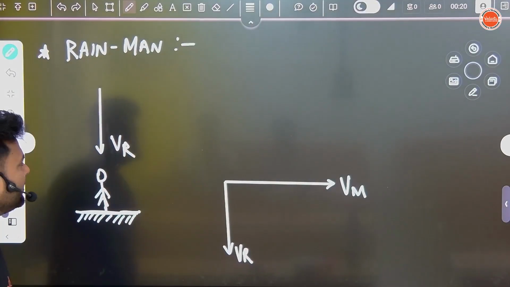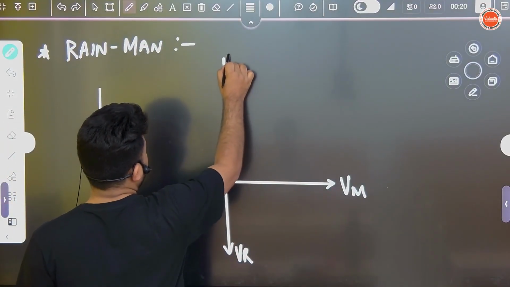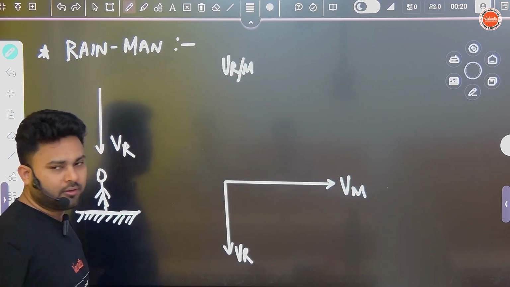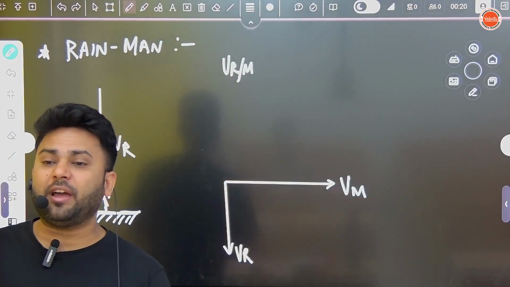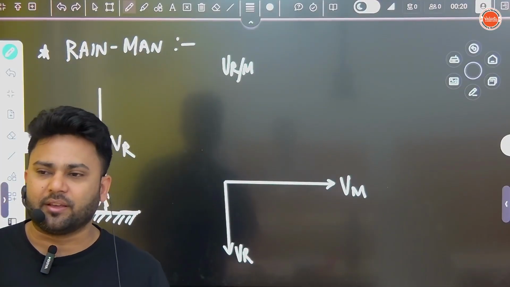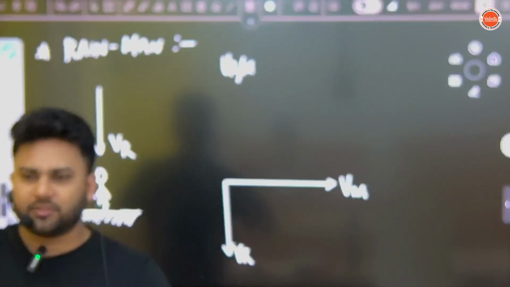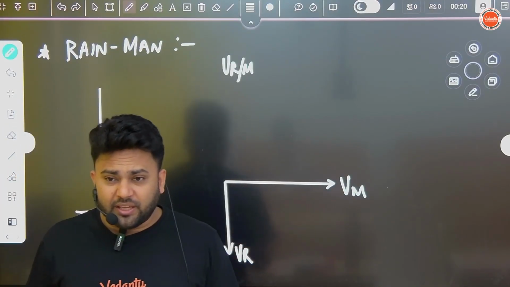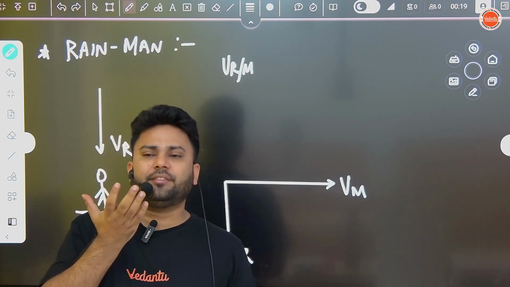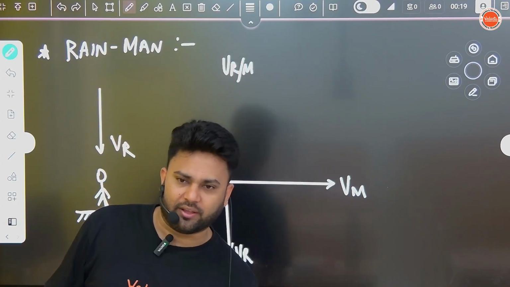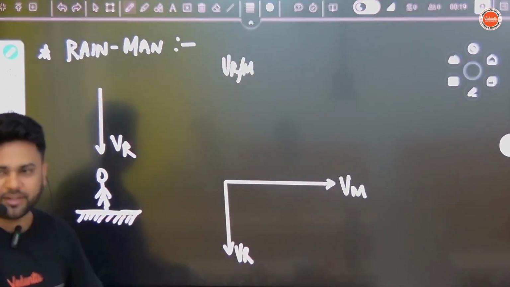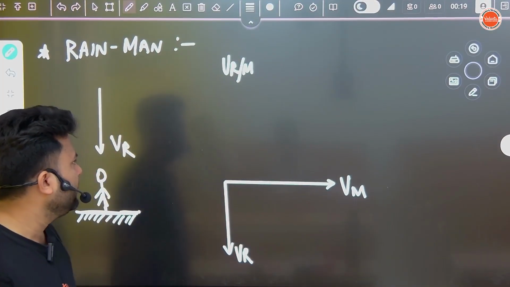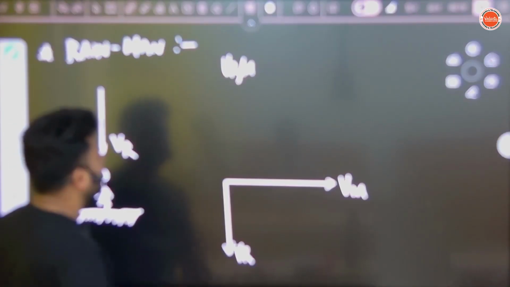If someone asks, what is the velocity of rain with respect to man? With respect to man, how is rain coming? When I am driving a bicycle or bike, with respect to me, how is rain hitting? Actually, rain is going down only, but when I am driving, how is it going to hit me? That is velocity of rain with respect to man.